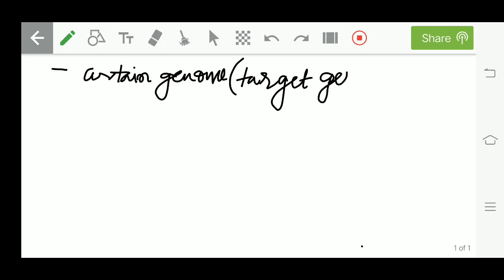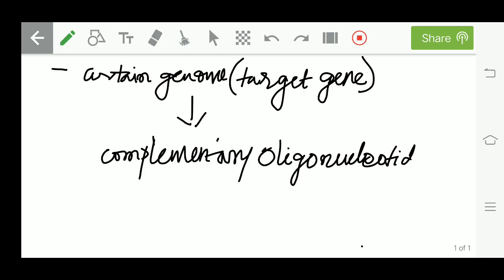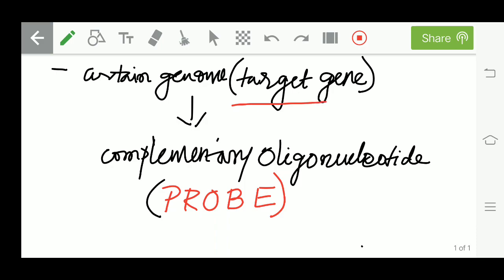We can find a certain target gene by developing a complementary oligonucleotide, and in one word, this is called a probe. A probe is a short oligonucleotide strand which is complementary to the sequence of your target gene.